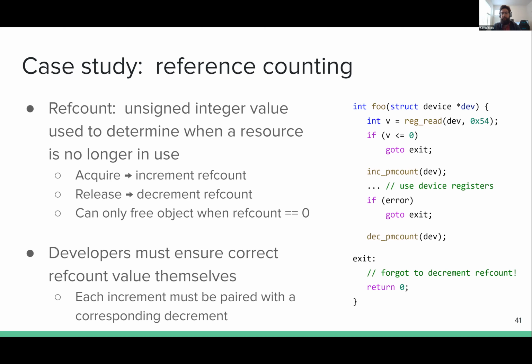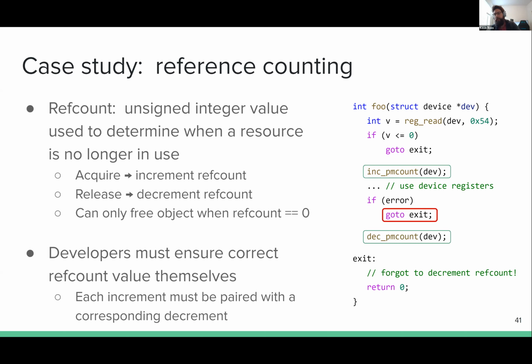In this code example, this is Linux kernel-like pseudocode. Here we're incrementing a count for a particular device that we've acquired, because we're using it, right? And then we're decrementing it. So we use it, everything goes well, and we decrement it. At that point, the reference count is right. It's 0 if we're the only user, and it can be freed, right?